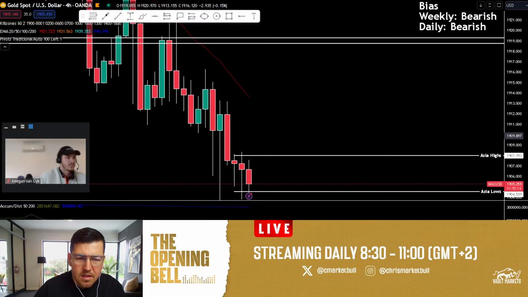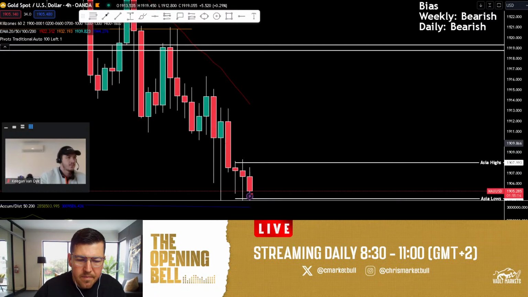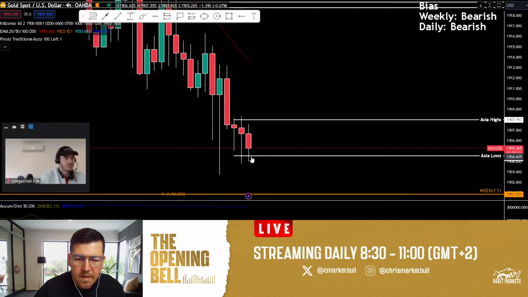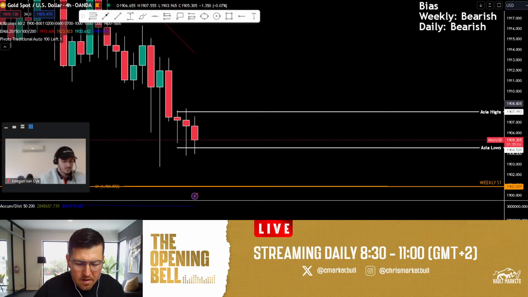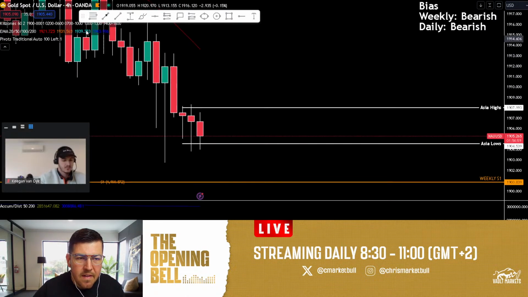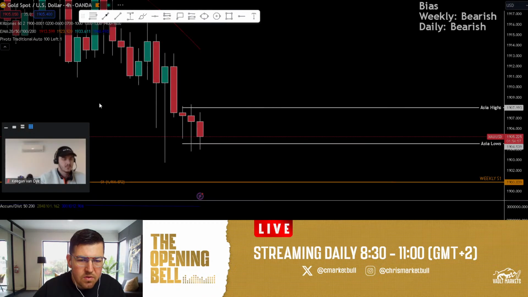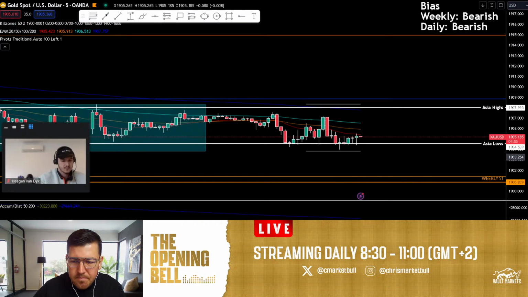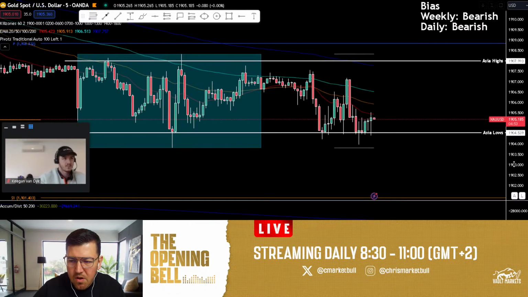The previous day as well, on Friday, bullish 7 o'clock 4-hour close, traded lower from there. These are just little nuances you pick up in the market, and it's not something that we base our entire trade idea off, but it is something you can look at once you start framing your idea. But Asia lows are holding.